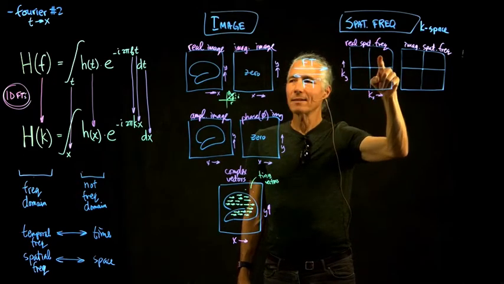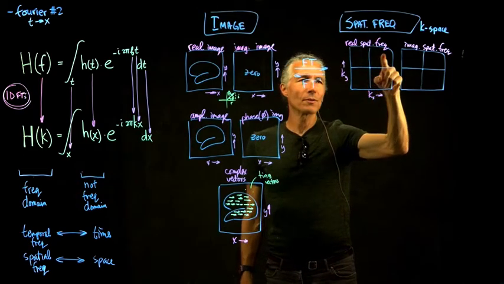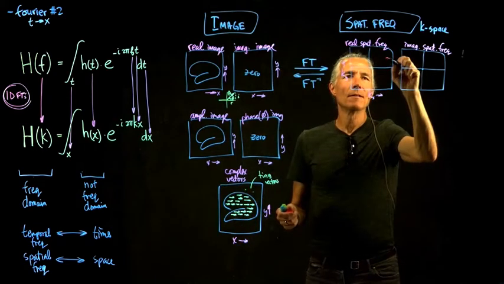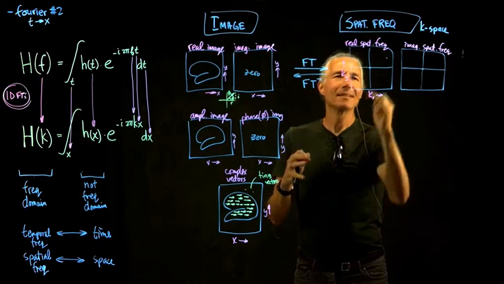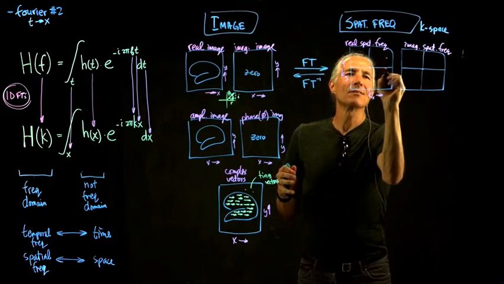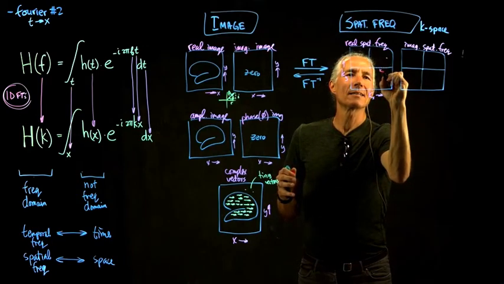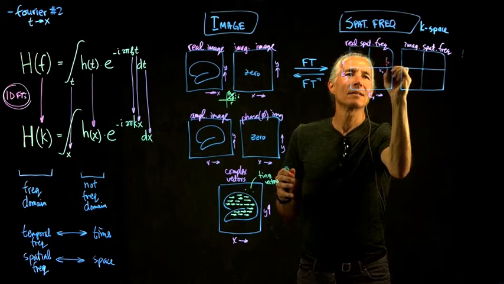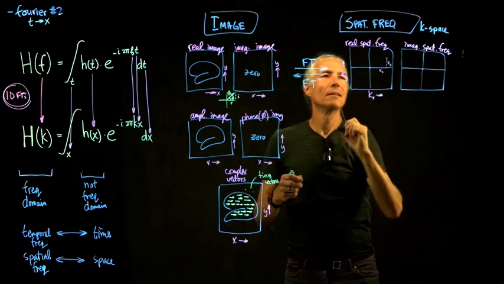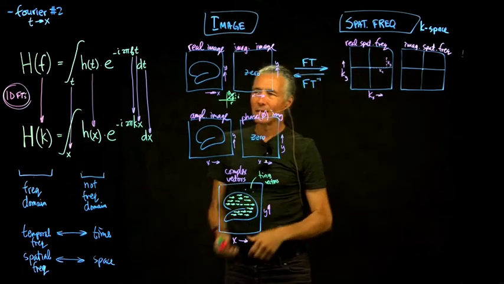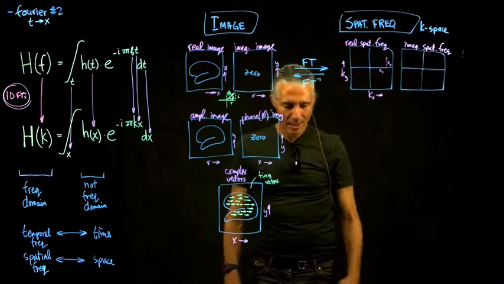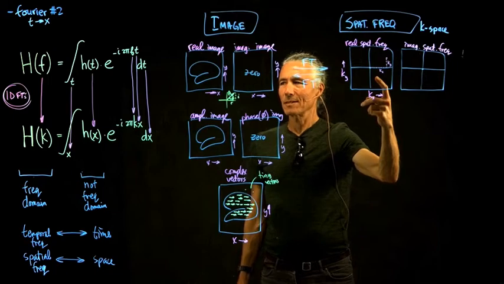You could have points in here that have components of both. So if you have a point that's up here, we decompose that into a particular kx here and a particular ky here. That point contains a certain amount of y spatial frequency and a certain amount of x spatial frequency.